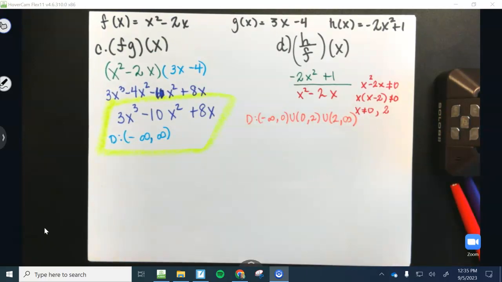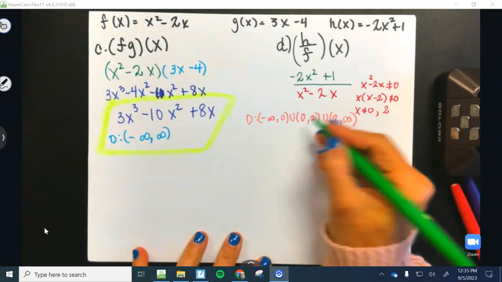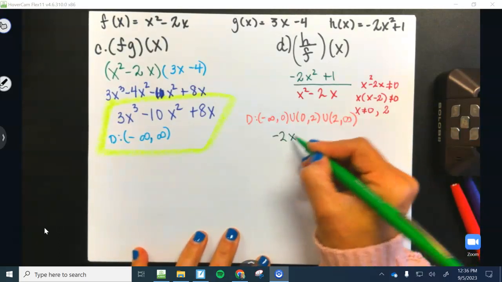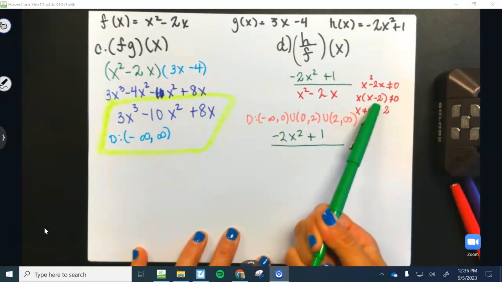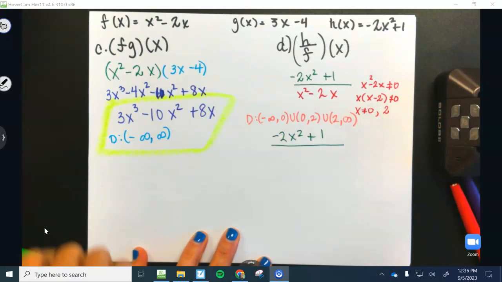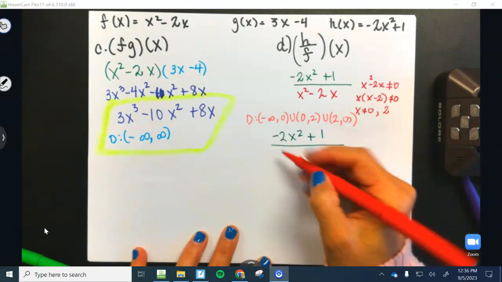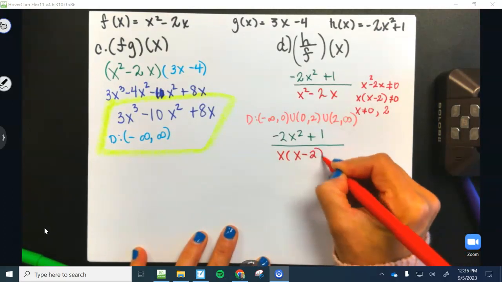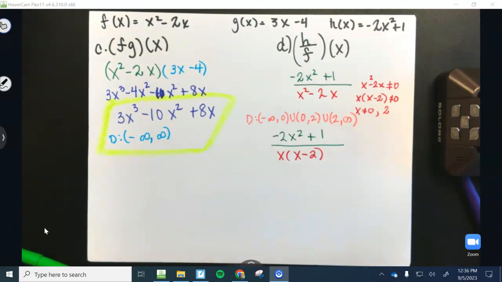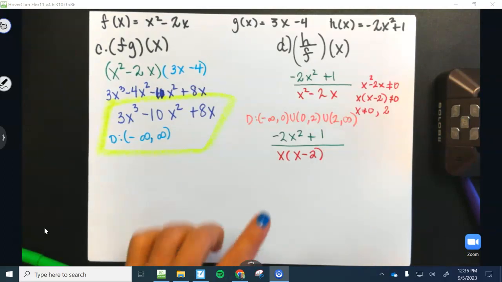Okay, let's talk about this fraction. It's division, but guys, it's a fraction. I am going to rewrite this down here, and I'm going to go ahead and write the factored form. Because usually when we factor stuff, it's easier to see what would simplify and what would cancel out. So if you notice, y'all, there's nothing that cancels out.